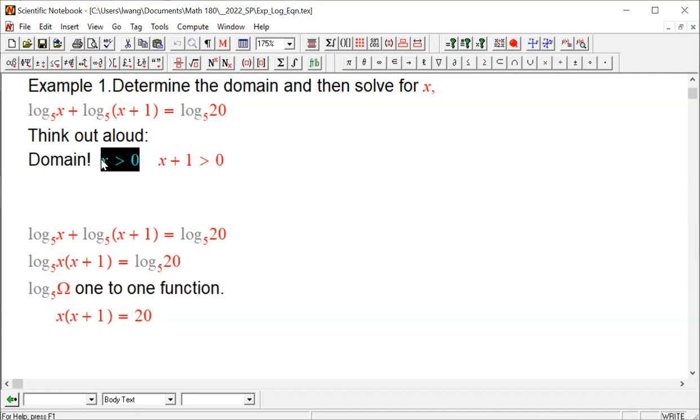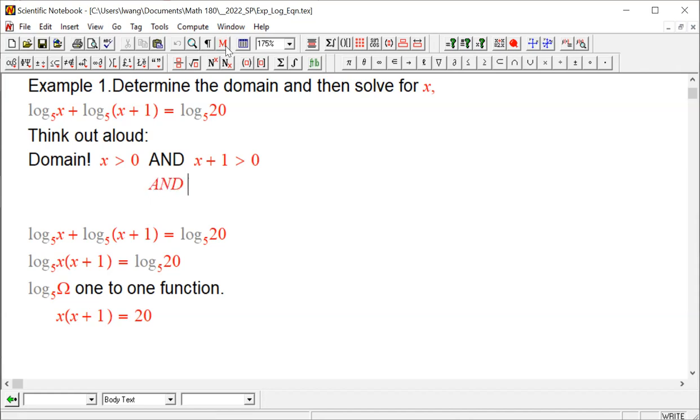So we have two requirements, and these two requirements have to be connected by and. That means both conditions must be satisfied and combined. x larger than 0 is already simple enough.